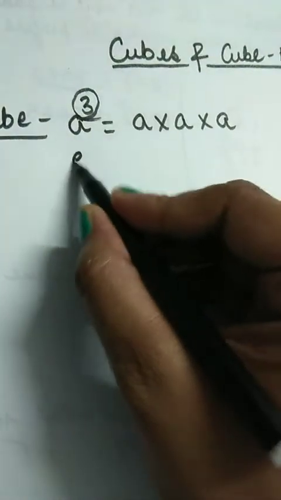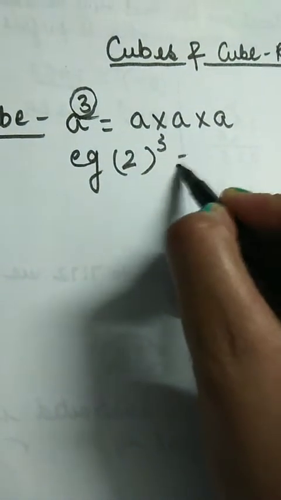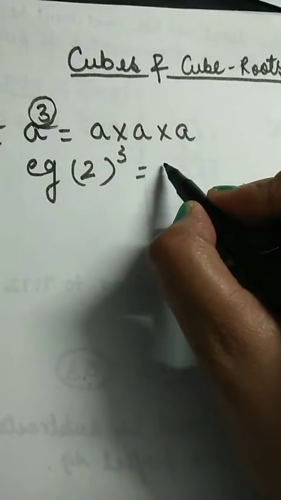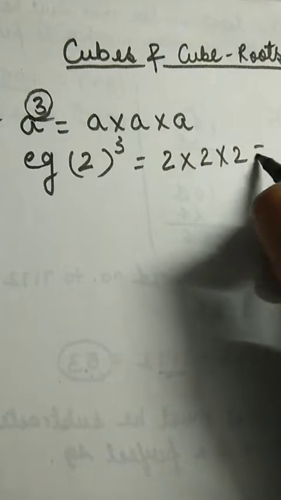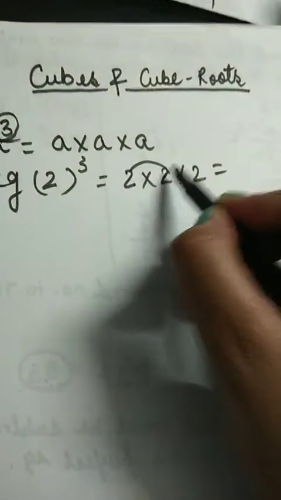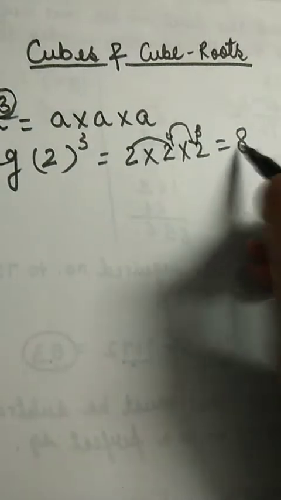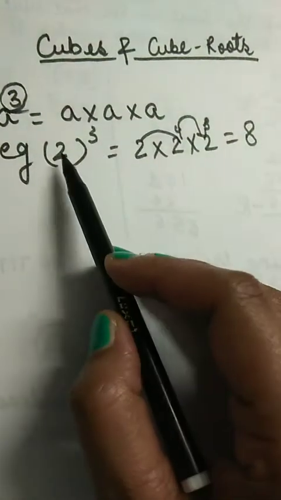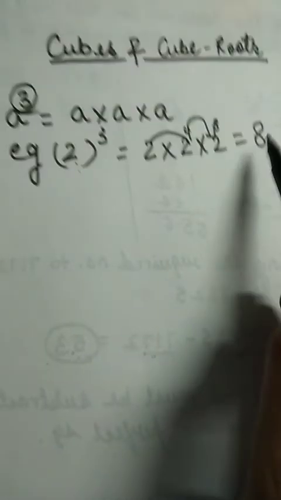For example, the cube of 2: we will multiply 2 three times, which will be 2 2s are 4 and 4 2s are 8. So the cube of 2 is 8.